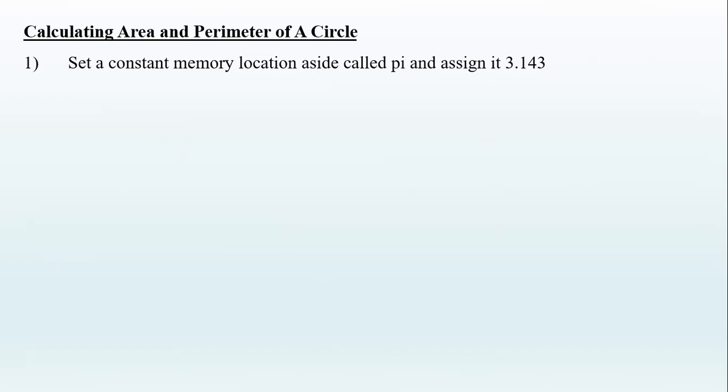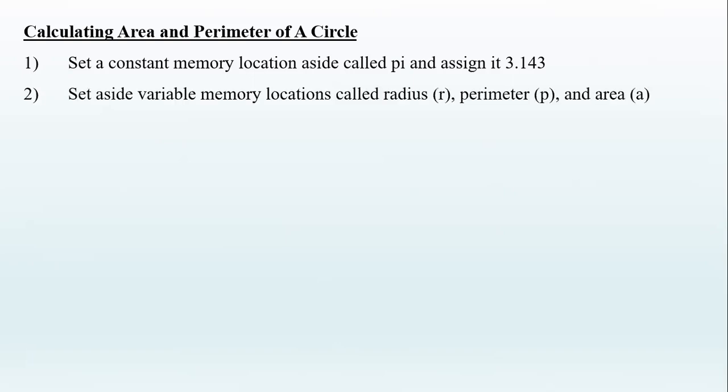The first statement is set a constant memory location aside called pi and assign it 3.43. Number two, set assigned variable memory locations called radius r, perimeter p, and area a. Number three, start. Number four, request the user to enter value of radius.